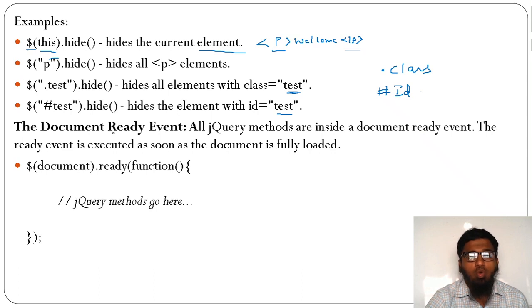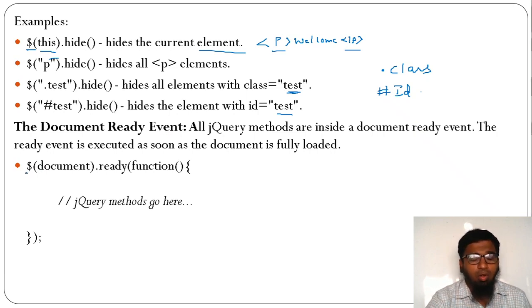Now we will see the document ready event. All jQuery methods are inside a document ready event, so they will be available inside the document ready event. The ready event is executed as soon as the document is fully loaded.